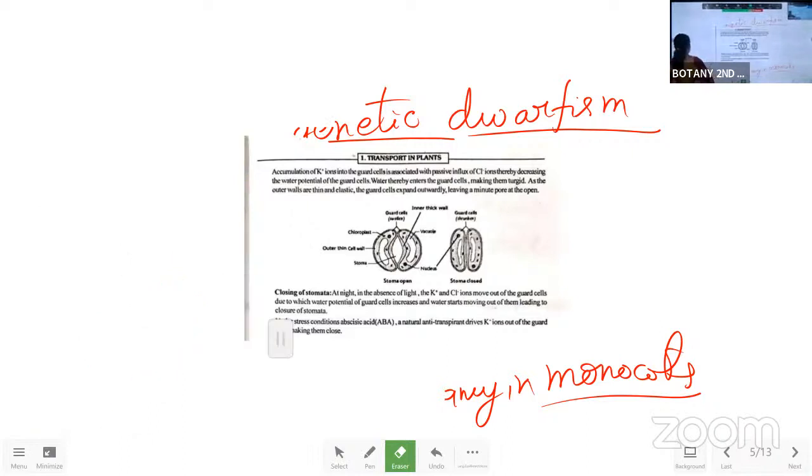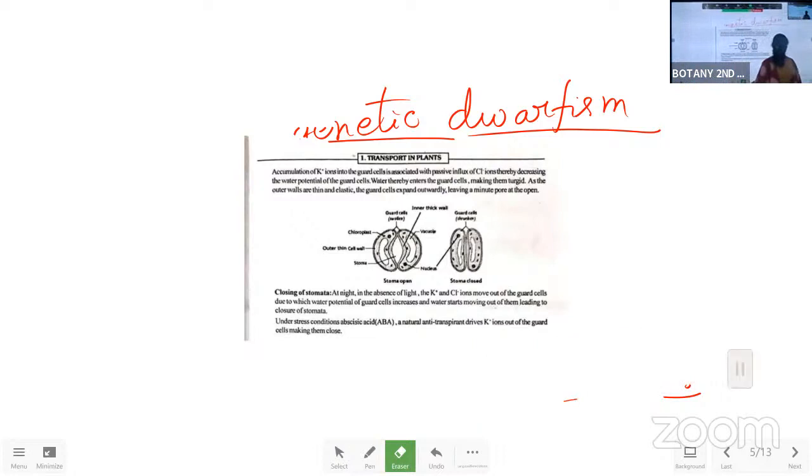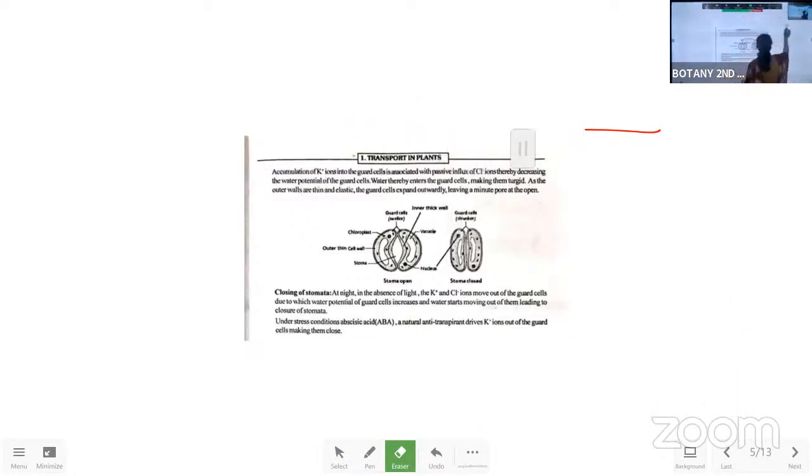And the internodal length will be more. And these gibberellins are going to be synthesized in the older buds as well as in the older parts of the leaves and stored in the roots.